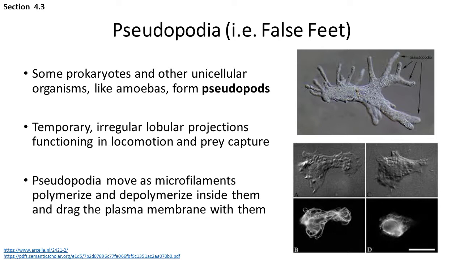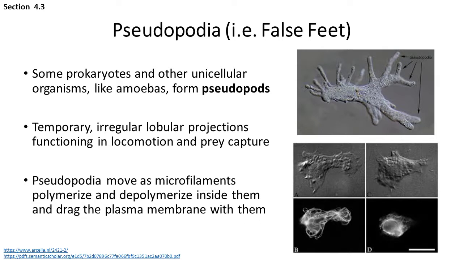Pseudopodia, the way they are formed is the polymerization and depolymerization. Remember polymerization, talking about attaching individual subunits to make a polymer. Depolymerize meaning to degrade that polymer.